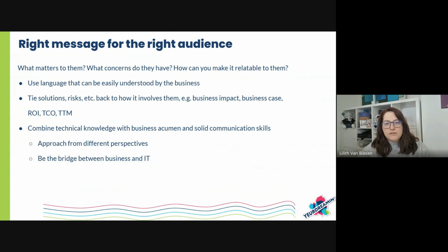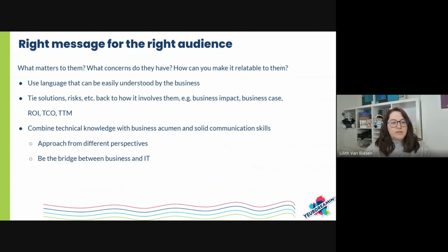If there is a risk, will there be business impact? If you're proposing something, is there a business case to support that? If you're proposing a particular solution, let's say a very specific one, again, let's take the data migration one, will there be a return on investment?